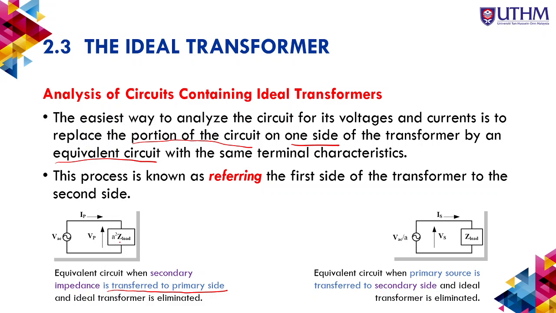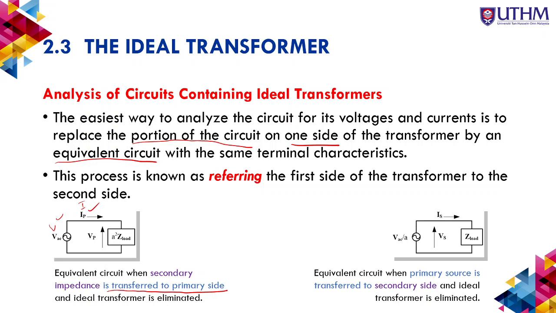So why is it easy to read like this? Later we get the voltage. Once we have the voltage, we can transfer, because sometimes we don't know the Z load. But we know the voltage, we know the current. This is known and this is known.